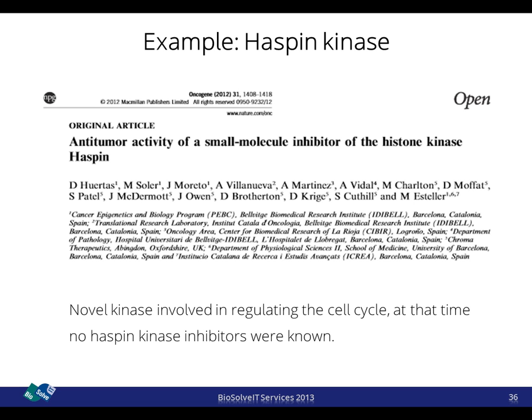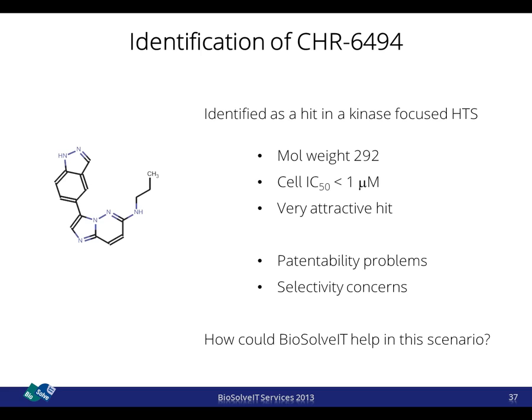And so what I did here was take an example from my own personal experience, where you might remember from my little CV, I worked at Chromotherapeutics, and this is a project we started, I think, in 2007. We were looking at a double kinase involved in cell cycle, and at that time no Haspin kinase inhibitors were known. And so what we did was undertake a kinase-focused HTS, and that led to the identification of CHR6494.